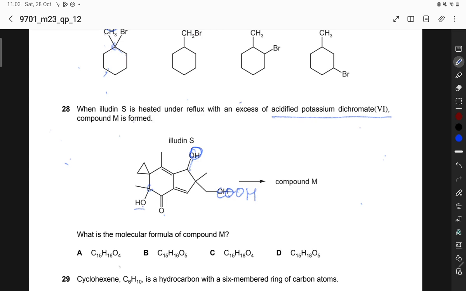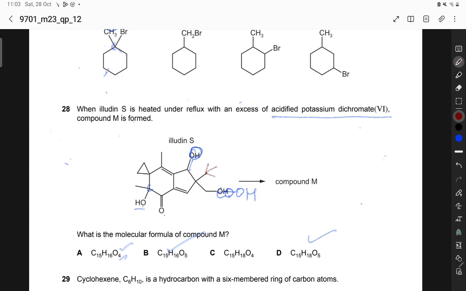Carbon is constant in all options, so oxygen and hydrogen are different. Over here we have 5 oxygens, so we can take D. Now count the number of hydrogen atoms.